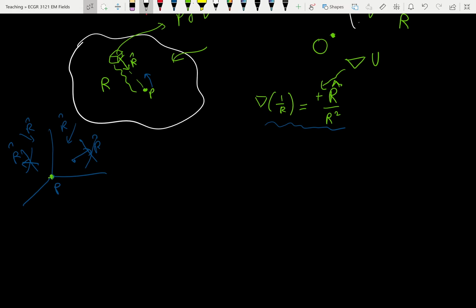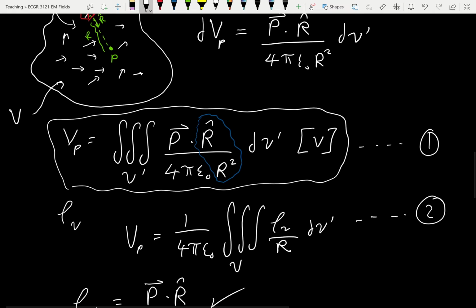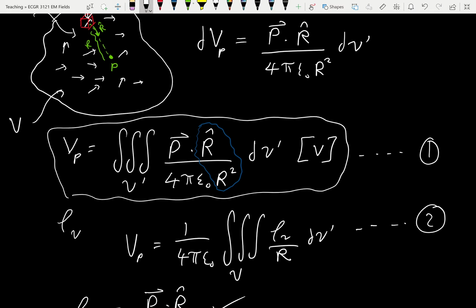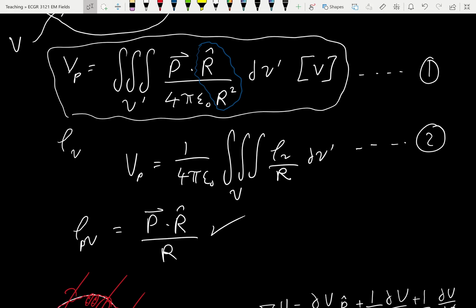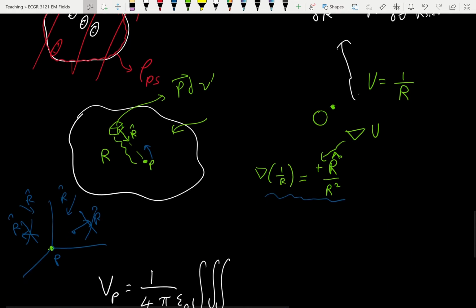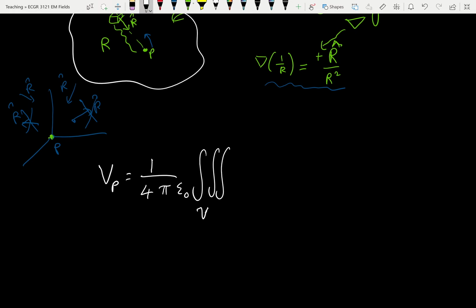So that tells me that I can rewrite the voltage at point P as follows. I can say 1 over 4 pi epsilon naught, I took the 4 pi epsilon naught out, I integrate over the volume, and then R hat over R squared, I said I can write it as gradient 1 over R, right?